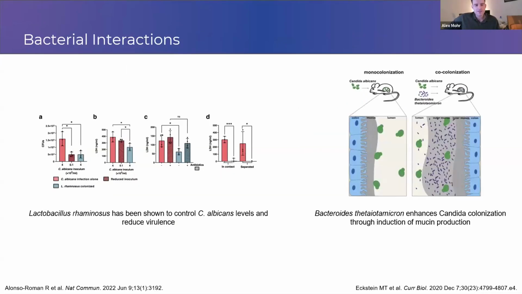Now, in the microbiome itself, we know that the microbiome is not functioning independently. It's interacting with other kingdoms. Particularly, there's tremendous amounts of bacterial interactions. In fact, a very common probiotic that a lot of people, probably the people on this call, have taken, Lactobacillus rhamnosus, has actually been shown in vitro to help control Candida albicans and actually reduce virulence.